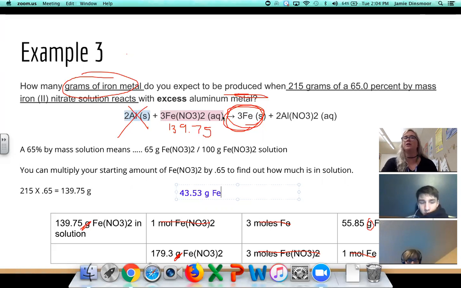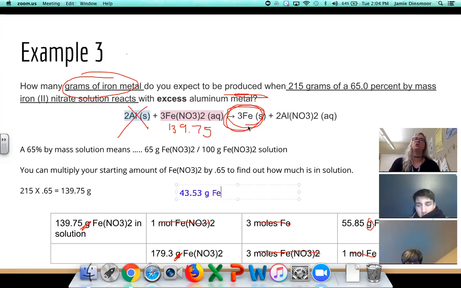So that's the whole purpose of making a solution. Because I guarantee if this was not aqueous and it was just solid iron 2 nitrate and you mixed it with solid aluminum, guess what? You have a pile of metal, but nothing's going to happen. They're not going to interact with each other. However, you put it in a solution, aluminum will replace iron and iron will be left by itself. That's a big difference.